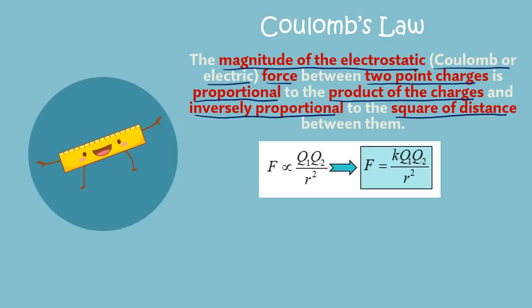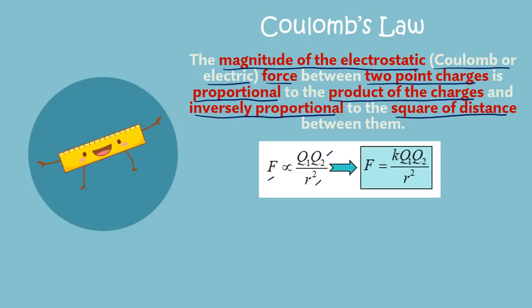Mathematically, F is directly proportional to the product of the charges Q1 and Q2 and inversely proportional to R squared.